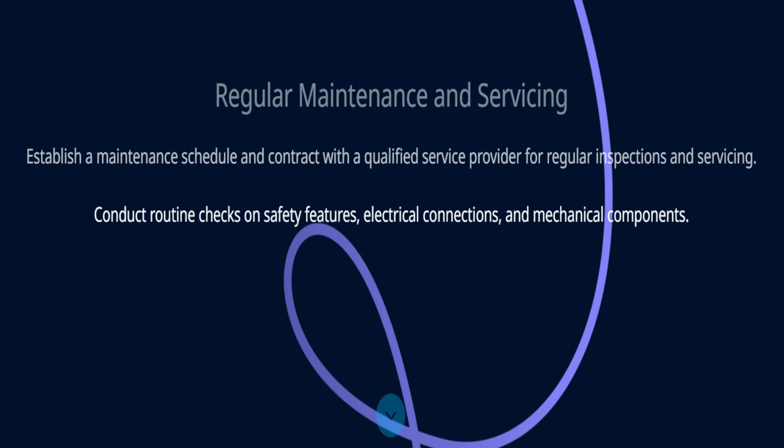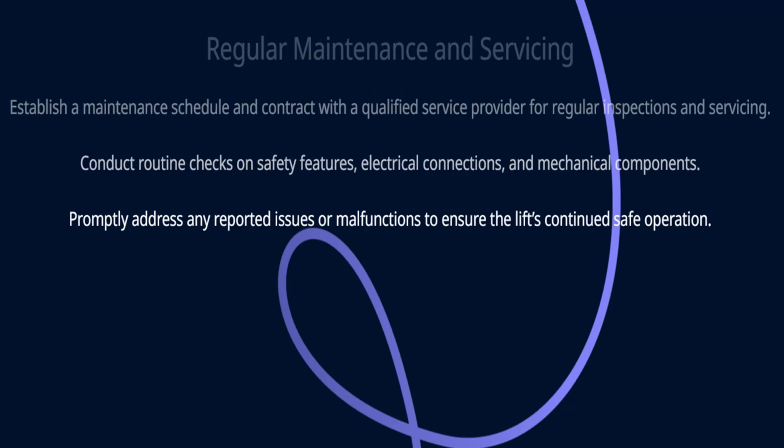Routine checks. Routine checks should focus on key areas such as safety features, electrical connections, and the mechanical components to prevent any issues. Address issues promptly. Any issues that arise during routine checks must be addressed promptly to avoid disruptions in service and ensure the lift remains safe for guests.